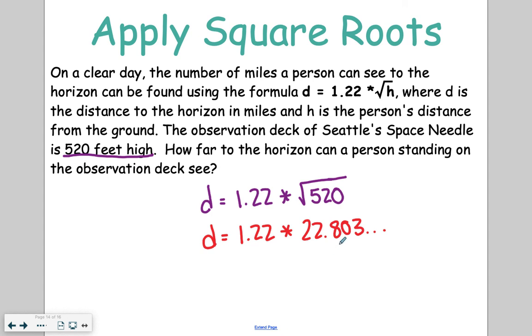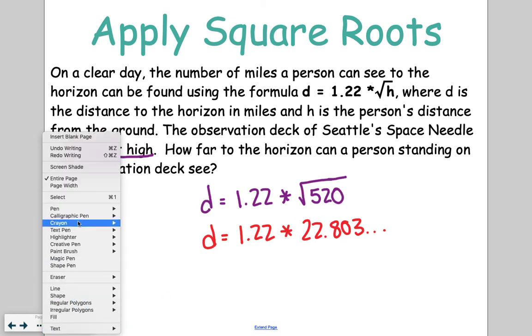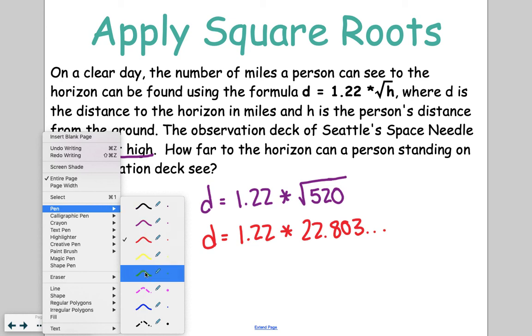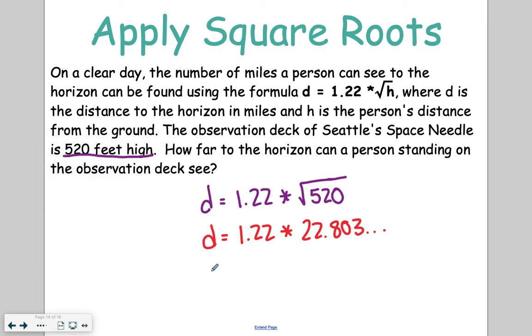So in your calculator, you would keep that answer, hit the multiplication sign, and then say times 1.22, because we only round at the very end when I get my final answer of 27.82 feet. Actually, that should be miles for the distance.